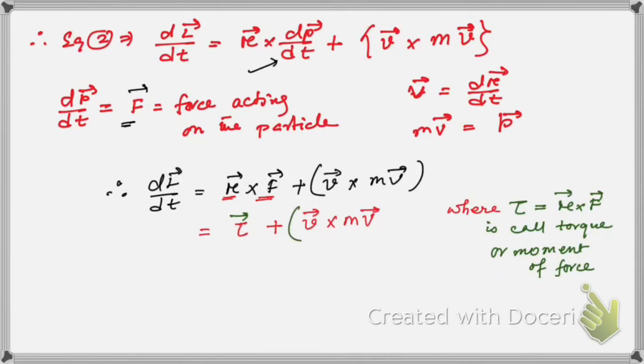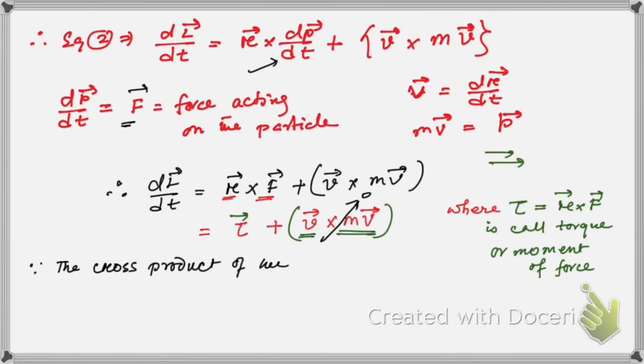Now you see these two, velocity and the momentum, are parallel. They are directed in the same direction. So the cross product of these two will be 0, since the cross product of two parallel vectors is 0.